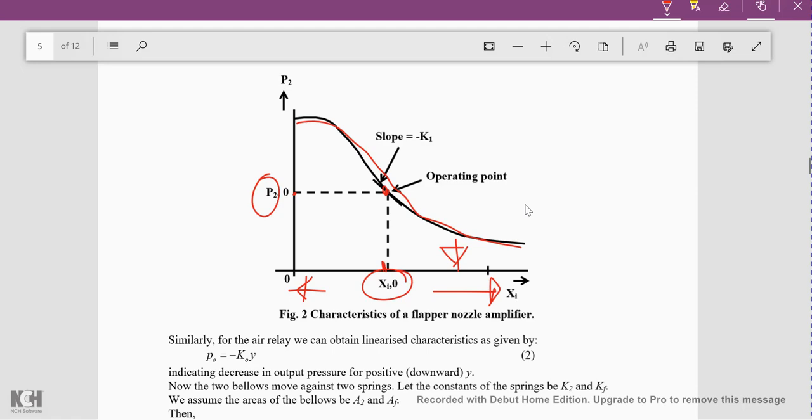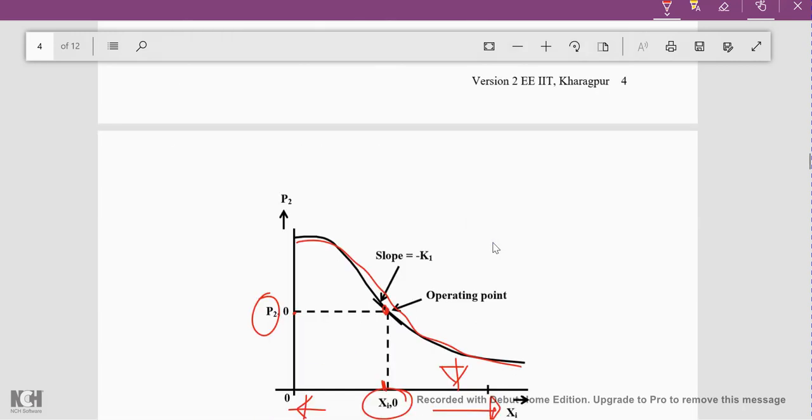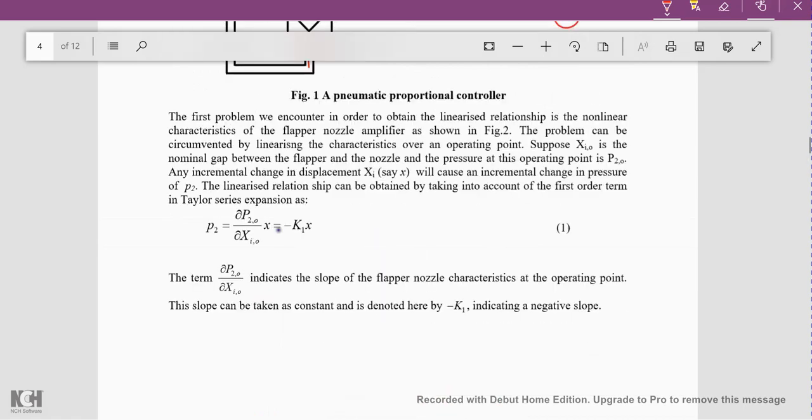Now if you take the first order Taylor's expression here, first try to understand, slope is nothing but the change in the y value, delta y, divided by delta x. Let us say that delta y and delta x in terms of derivative is called dou.